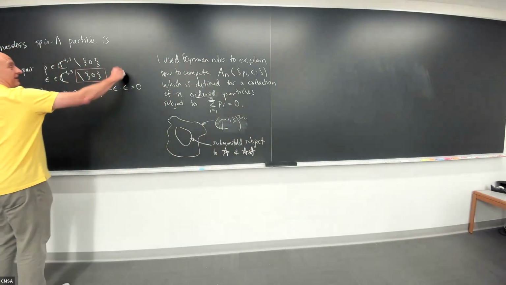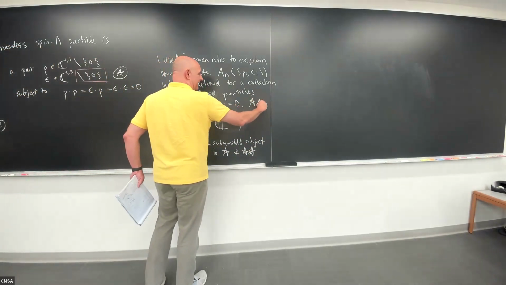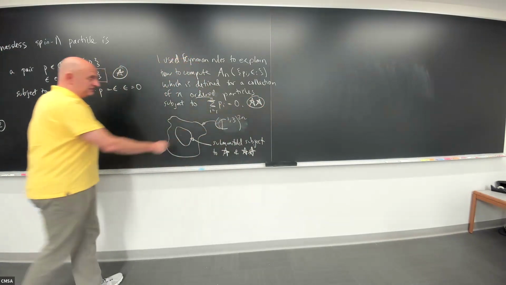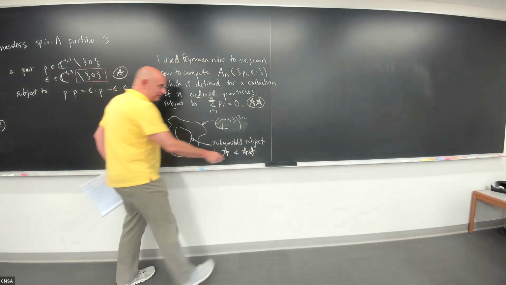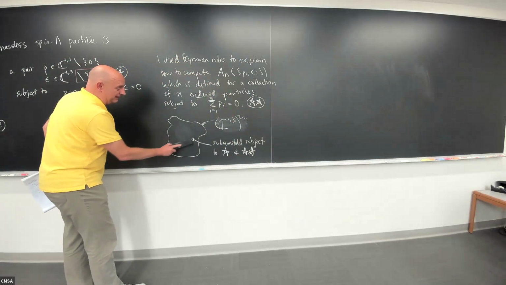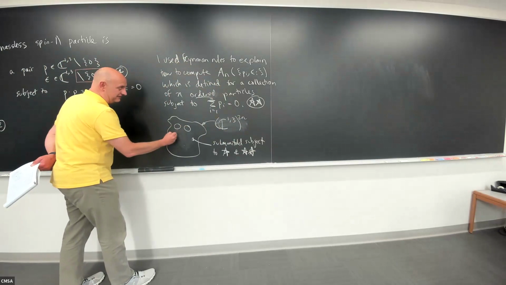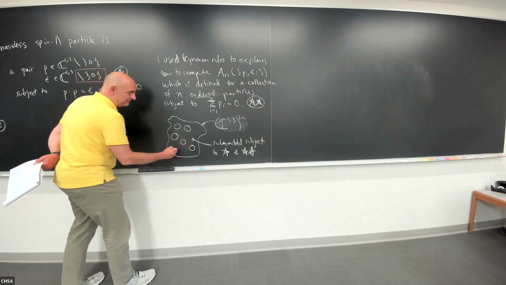If I call these constraints star for each particle, and this one double star, this is a submanifold. And here's the relevant point that I mentioned briefly at the end of last time. It splits into disconnected pieces.